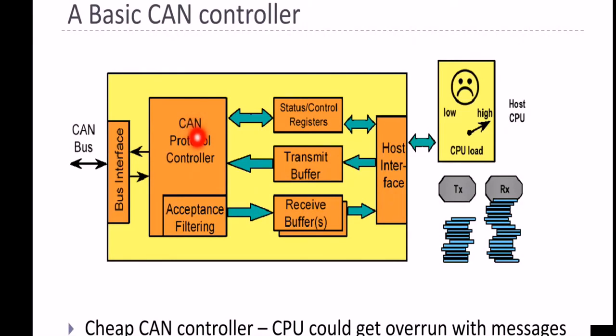This CAN protocol controller has to check the message, as well as make the message obey the CAN standards. Once this is done, it will check the filtering, whether there are any harmonics or noises present in the incoming signal. If so, it will filter them and allow only the signals that are accepted. Apart from that, it will not allow.